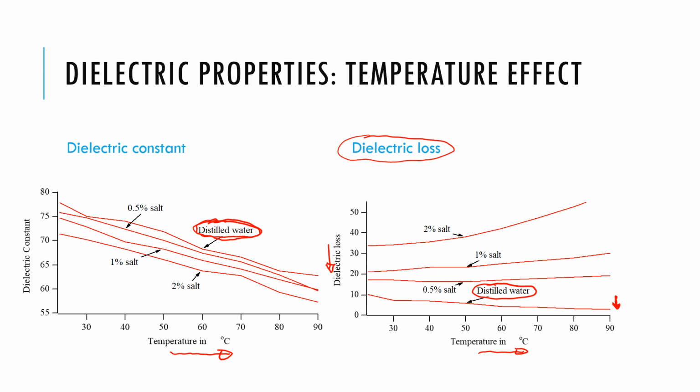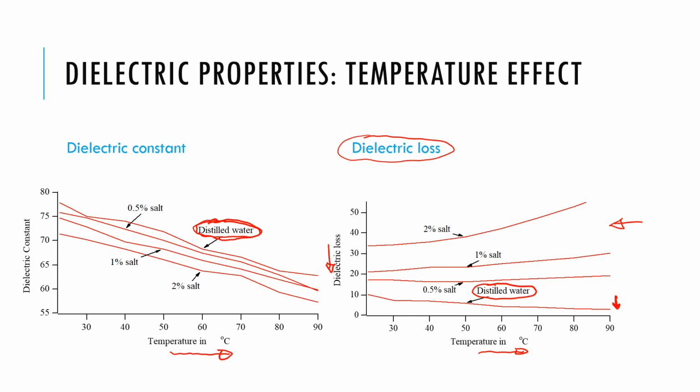The total loss, which is what you are seeing here, is the total effect of the dipolar and the ionic, that changes in a way depending on which one of those two effects dominate. At higher salt contents, the ionic effect dominates, and that increases with temperature.